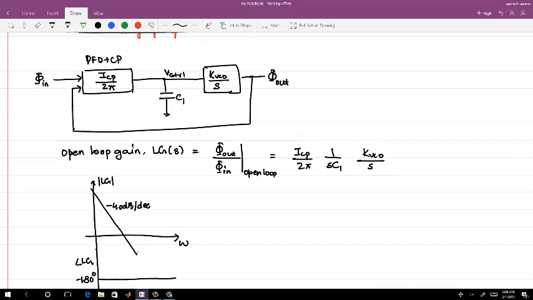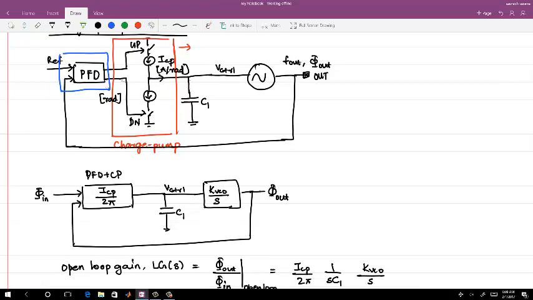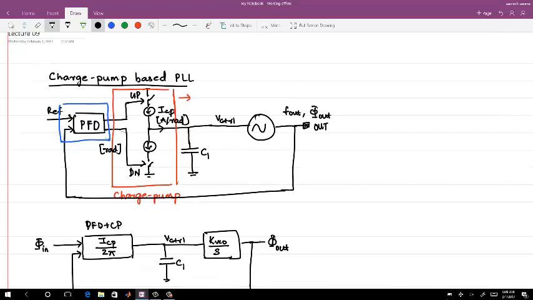Yeah, charge pump. So, okay, let me make it more clear, if that's the confusion. So let's say the PFD output is this, right? I'm just writing the PFD output. This is the phase error.